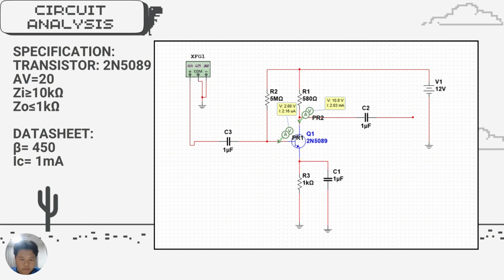IB in the calculation is 2.22 micro, but in the simulation we get 2.16 microampere. For probe 2, we can see the IC, and in the simulation IC is 2.03 milli. IC from the datasheet is 1 milli. It's approximately the same.